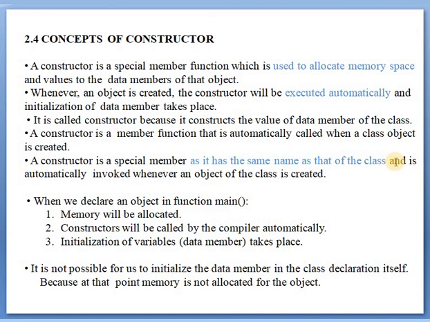After creation of the class, when we create the object in the main function, at that time memory is allocated to the object. So at that time we can initialize the values. Suppose we write class student, open bracket, roll number equal to 1. This is not allowed, because at the time of class declaration we cannot initialize the data members. If you want to initialize values of the data members, we need to first create the object of that class.